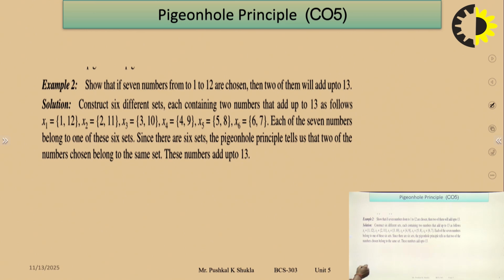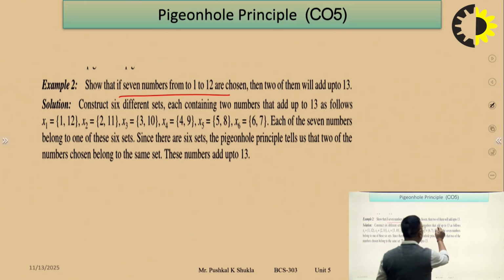If 7 numbers from 1 to 12 are chosen, 2 of them will add up to 13. In this example, first of all, we have to make the pigeonholes. So 2 of them will add up to 13 from 1 to 12.